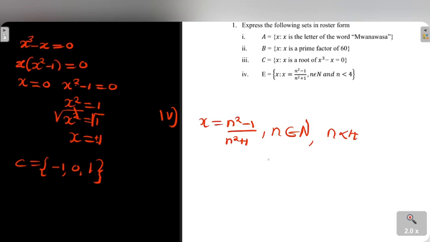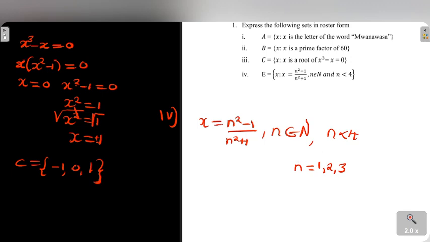Remember, we have our equation there, which is n squared minus 1 over n squared plus 1. So n has been defined to be a member of natural numbers that is less than 4. So when we list our natural numbers, up to 4, less than 4, you have 1, 2, 3, then 4 won't be included because it is less than 4, unless it was less than or equal to, then that's when you include that.